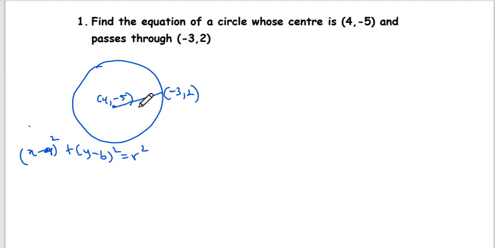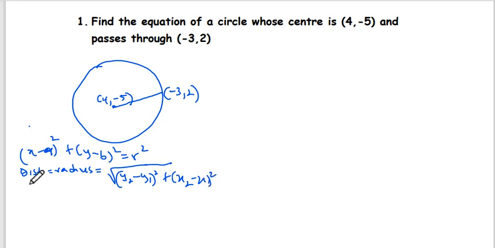So to get the radius, we have to use the distance formula. The distance, which is our radius, is the square root of (y2 - y1)² + (x2 - x1)².